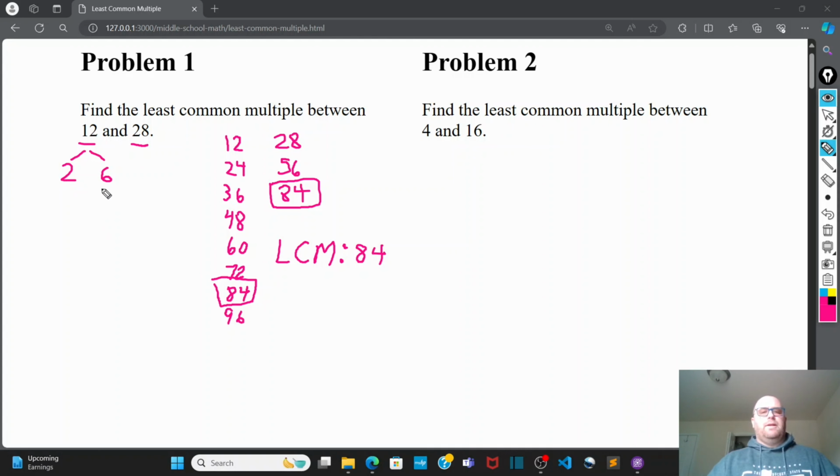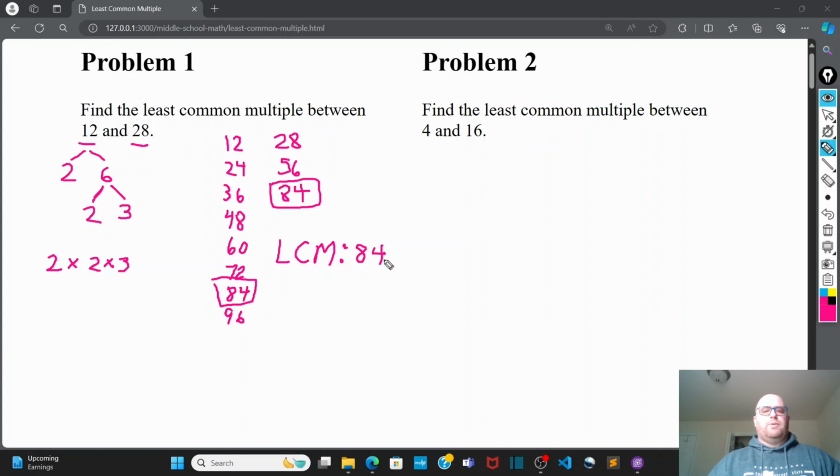A prime number is, starting at 2, a number that can only be divided by 1 and itself. So we want to still break 6 apart into its prime factors, which are 2 and 3. A way we could think of 12 is 2 times 2 times 3. That's 12 as its prime factors.